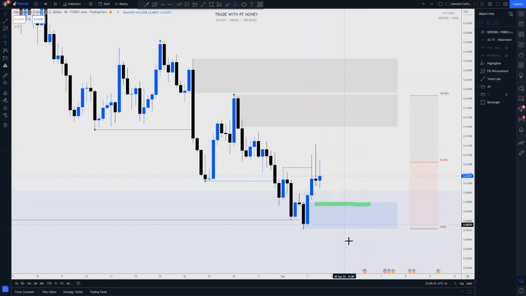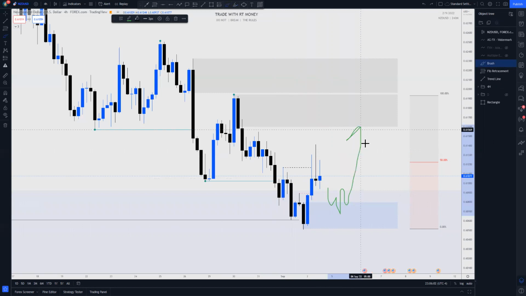Should price come back, and I'm pretty sure it will. All right, should price venture forth back here as soon as it hits this demand zone here, I will be looking for 15-minute confirmations that price is going to go up. And if it does, I'm pretty sure it's going to take out this high, and we can take a high probability trade to the downside from up here. Now, that is the best case scenario.